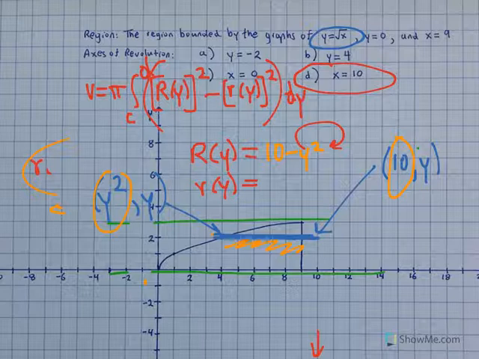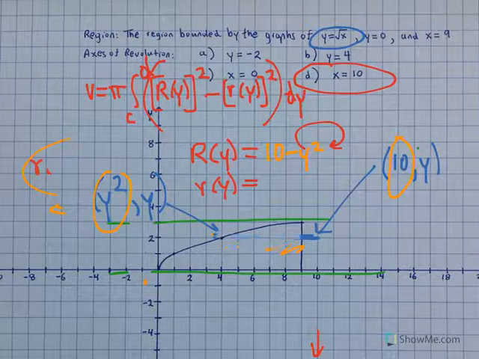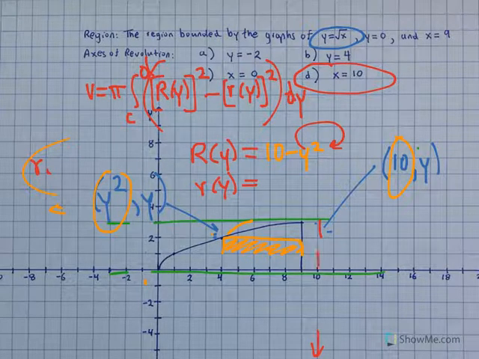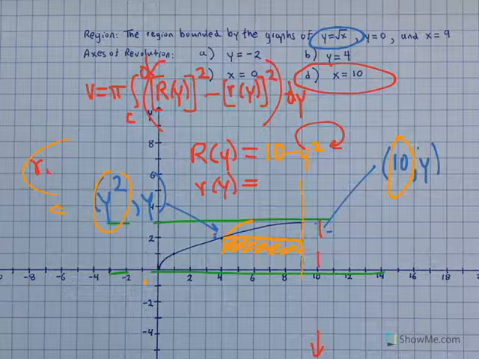And for lowercase r of y, you're going to draw a line segment from the axis of revolution to the inside edge of your washer, and you want to find the length of that line segment. So let's look at that. Here's our axis of revolution, and here's the inside edge of our washer.